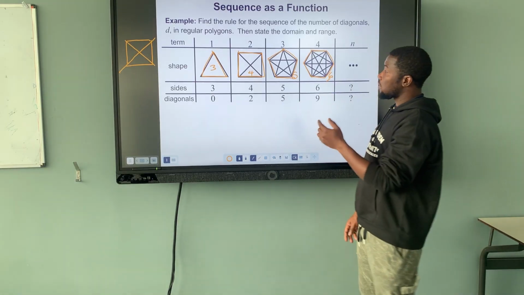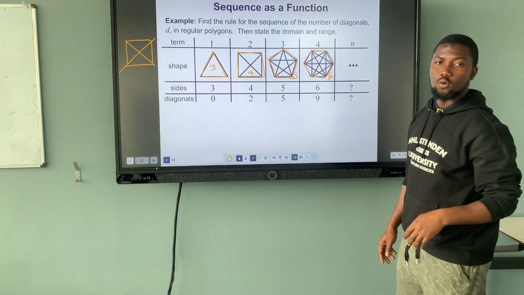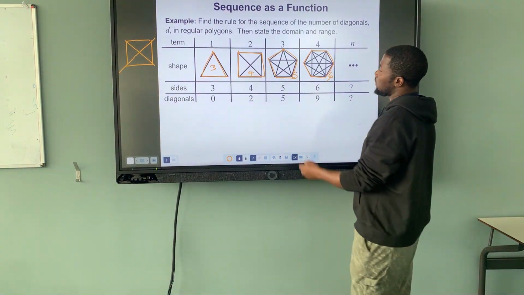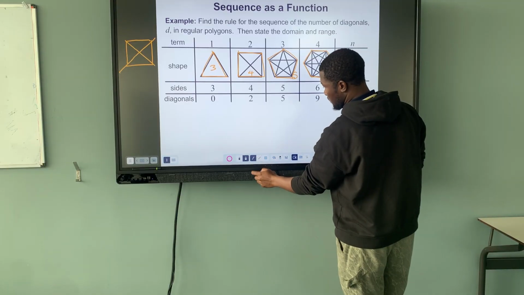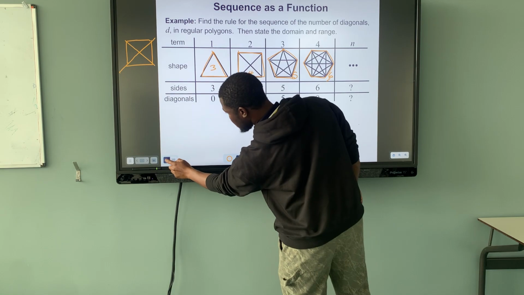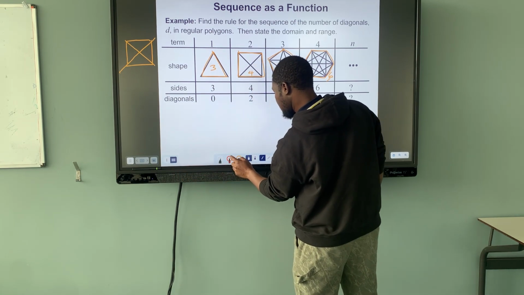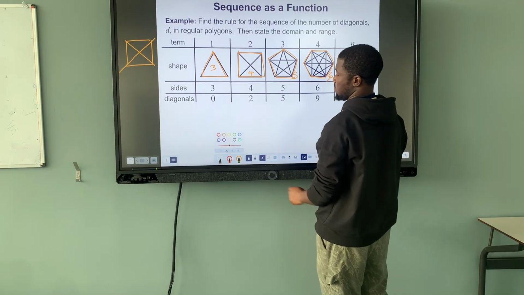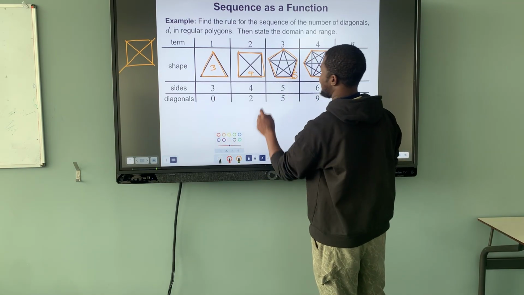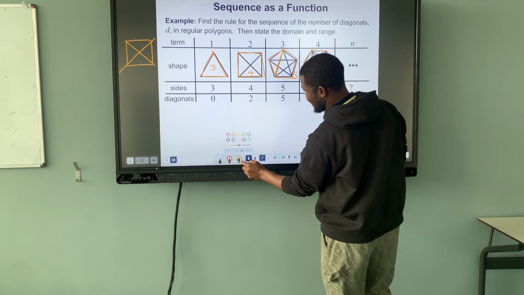Now, the diagonals are the lines that are slanting, at opposing angles. So if you look at it here, no, it's not what I want. Sorry.